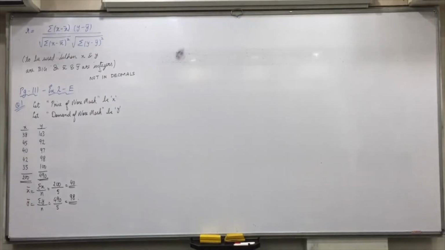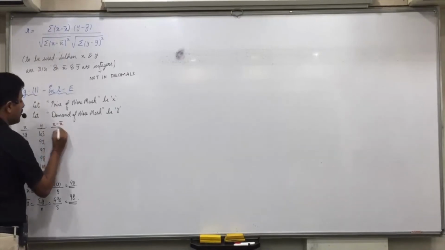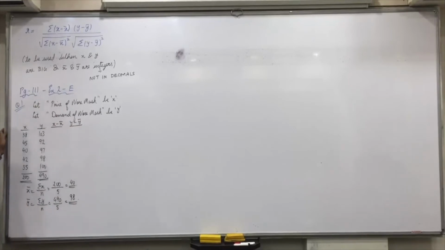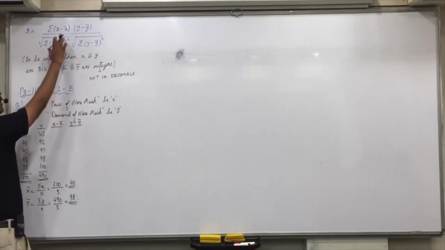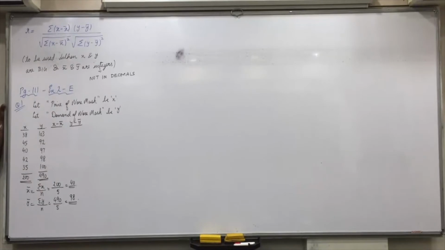Now to use this formula, very first we need to find x minus x bar and y minus y bar. Understand it first, put your pens down. Now what did I tell you yesterday? Throughout the chapter we require 3 workings. Which 3 workings? Squares and product.